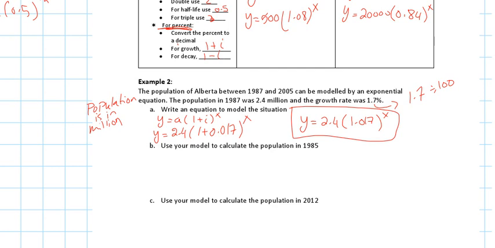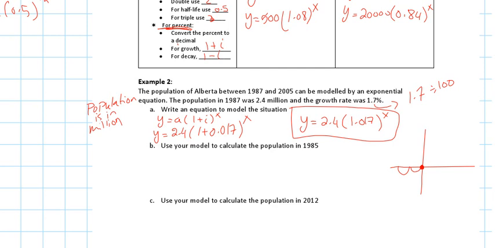I can't change my equation. This is the equation that I got and I have to stick with it. But I do understand what you're saying. 1985 is before 1987, right? So 1987 is your year what? Year 0. So if I'm looking at 1985, that's 2 years before the year 0. So what would that be?